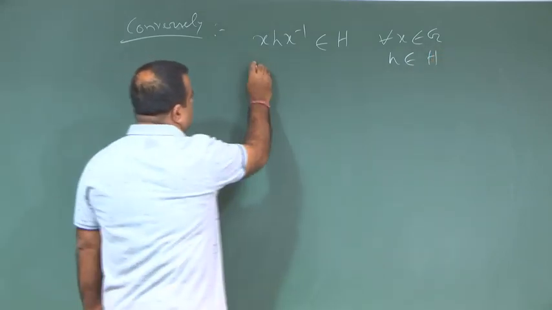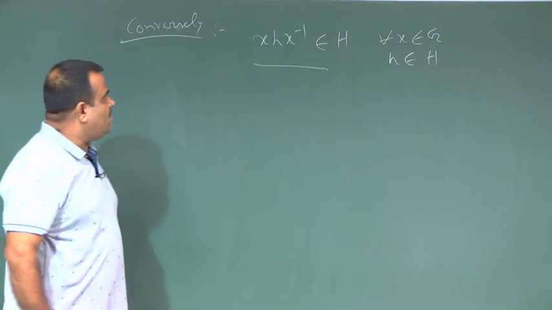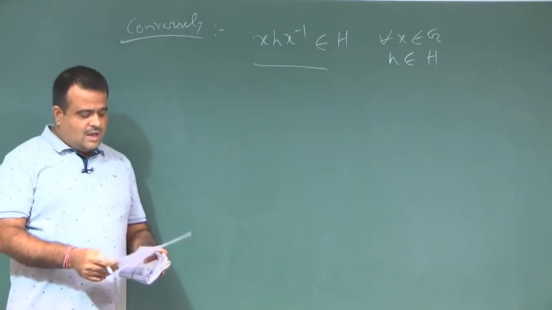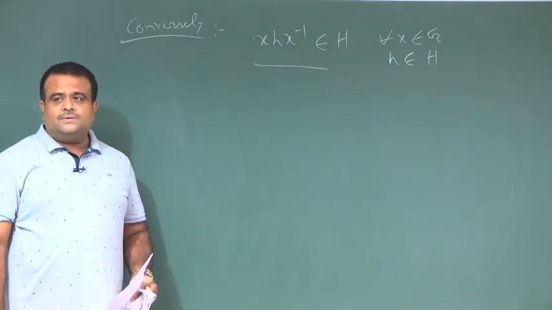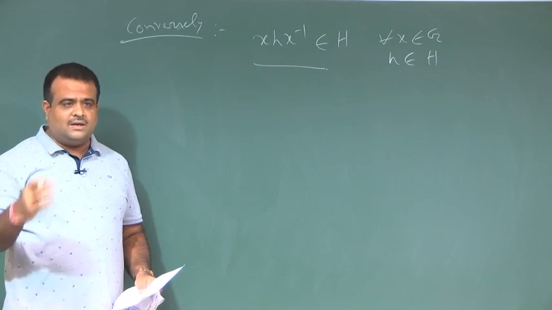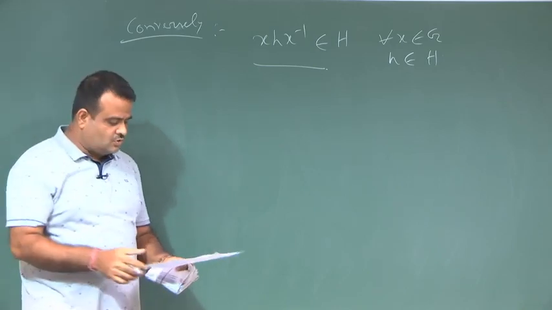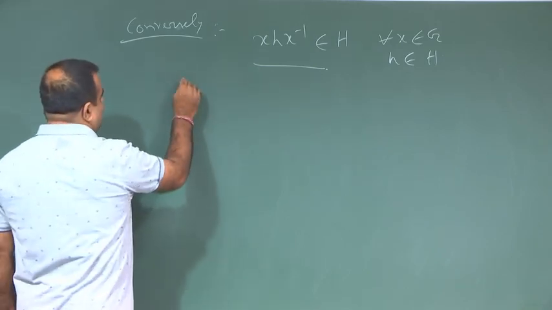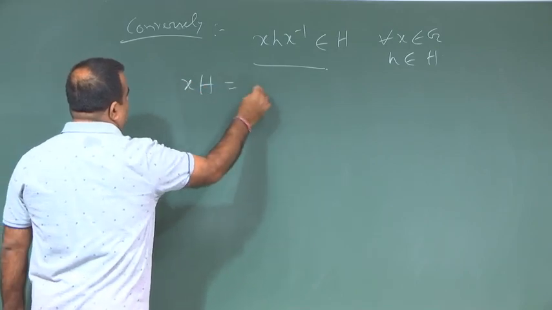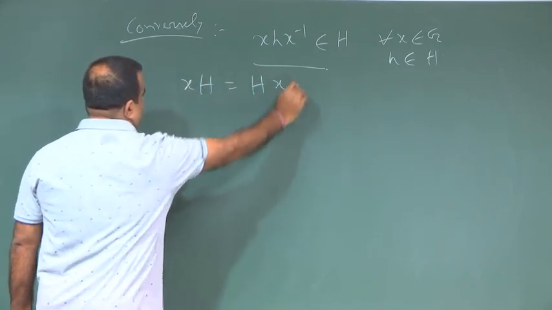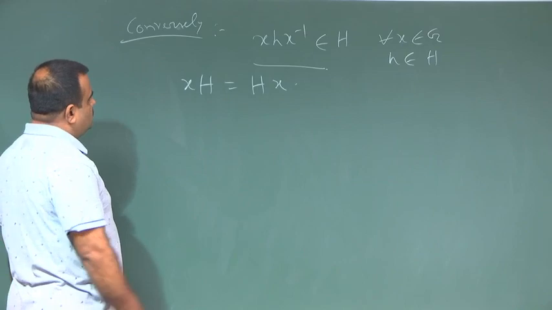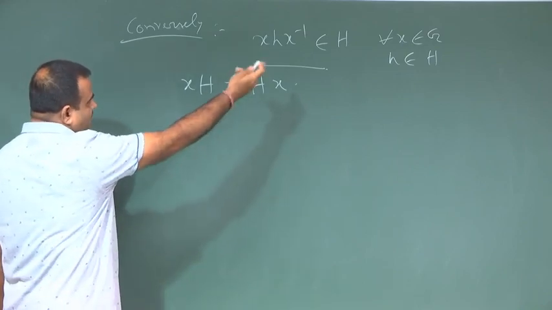Suppose this is true, then what do we have to show? We have to show that it is a normal subgroup. That means we have to show that left coset equals right coset. So this we have to show, and this is true for all such x.